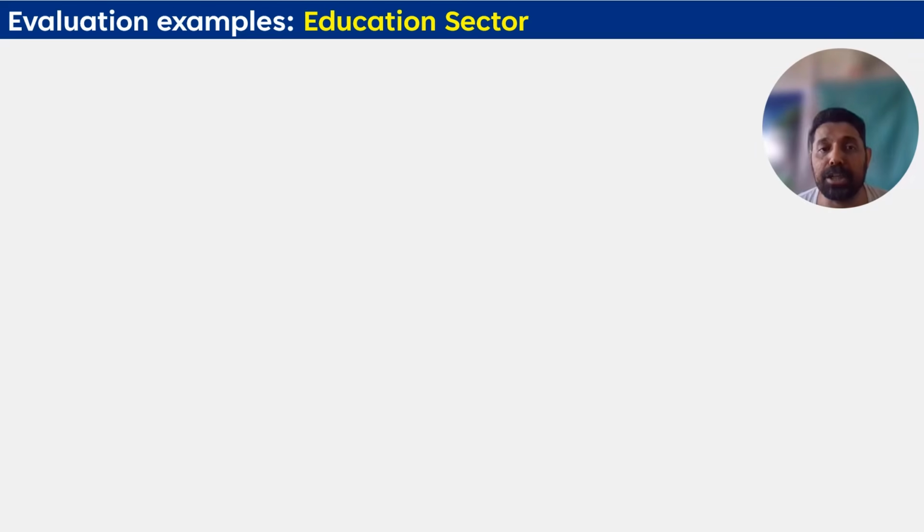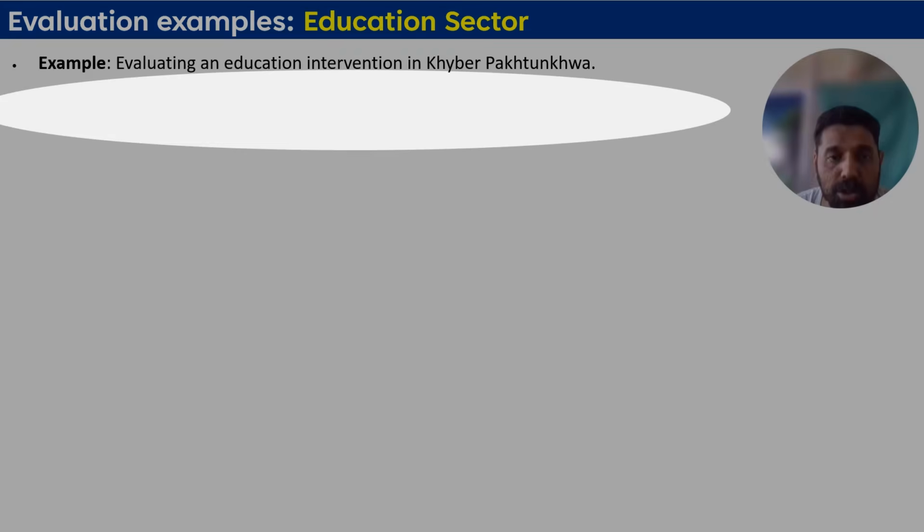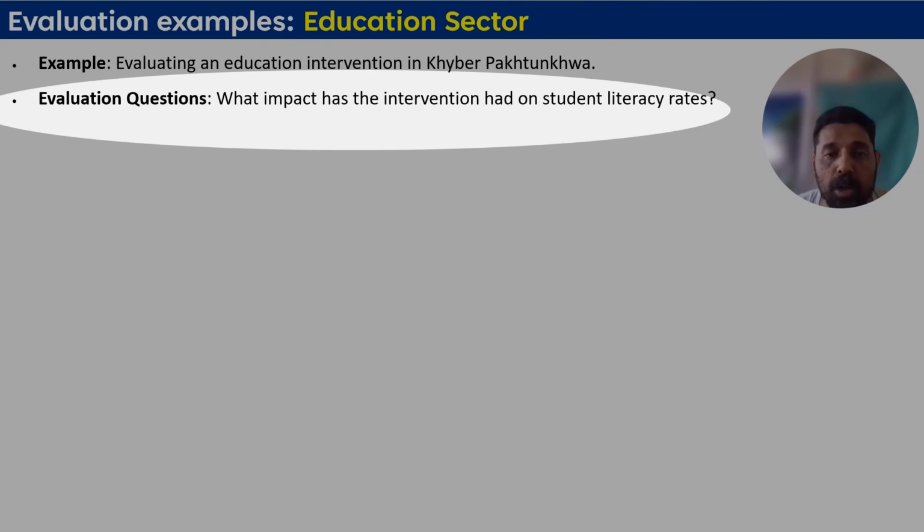Another example in education: evaluating an intervention in Khyber Pakhtunkhwa or any other region, where there is an education intervention and you are evaluating that. Here also your evaluation question is: what impact has the intervention had on students' literacy rate?